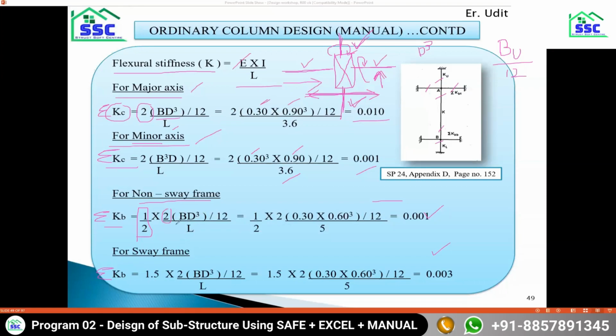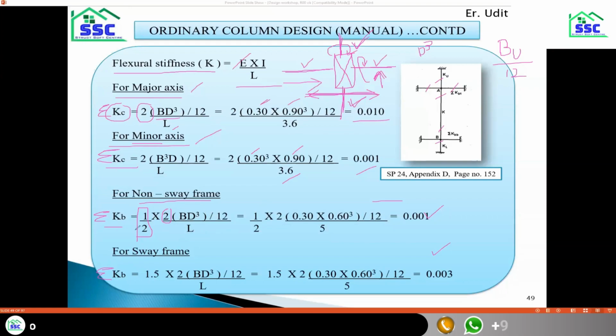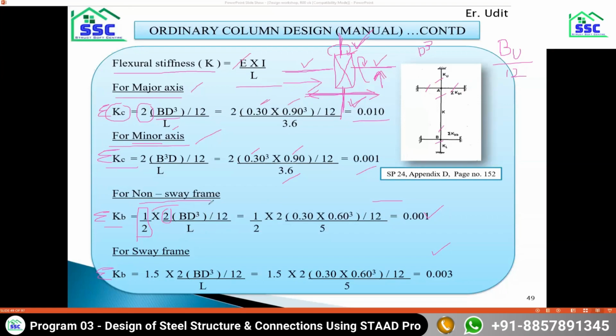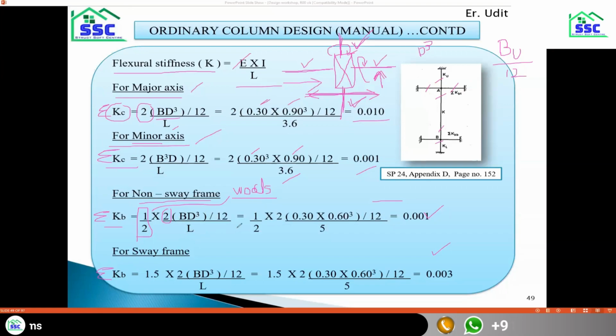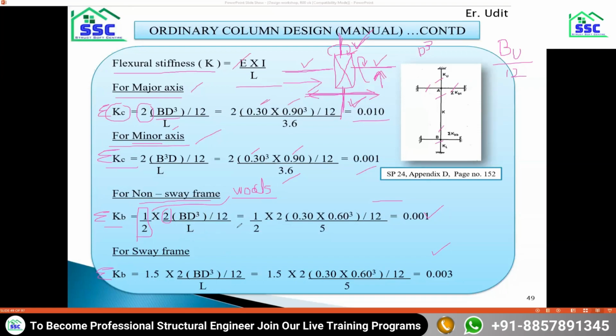BD cube by 12 divided by L into 2. Because we have two beams framing into our column, and this 0.5 is given to us by Mr. Woods. This is where you will do wrong calculation if you don't refer to SP24 Appendix D.